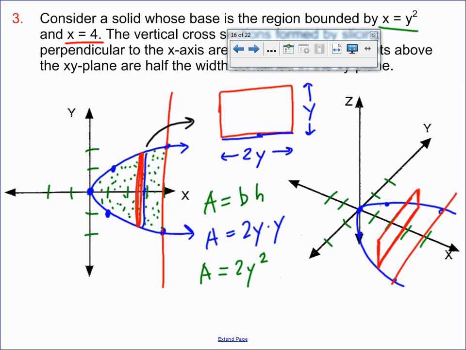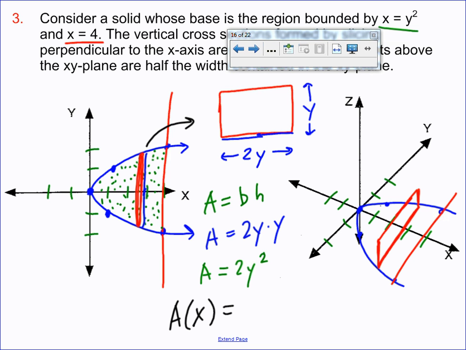However, are we going to integrate this with respect to y, or do my slices scan the solid from left to right? Well, my slices scan from left to right. So can I have y's in my integrating function? No. So I need to have x's in my integrating function. I'm going to have to rewrite this as a function A of x.